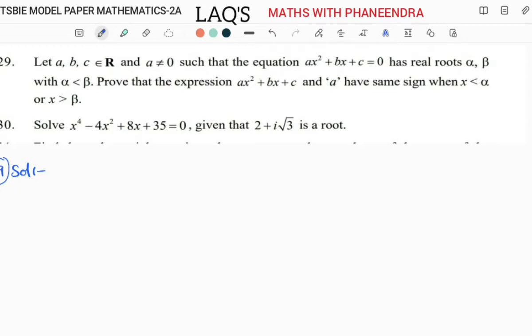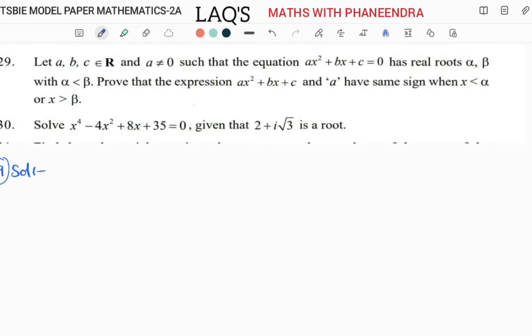Next, question number 29. This question belongs to quadratic equations and expressions. So what is the question? Let a, b, c belong to R and a is not equal to 0 such that ax square plus bx plus c has real roots alpha and beta such that alpha is less than beta.